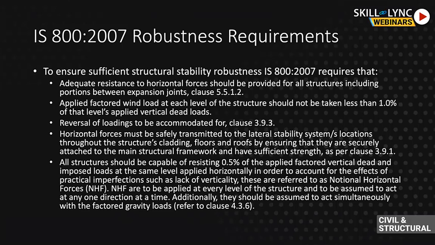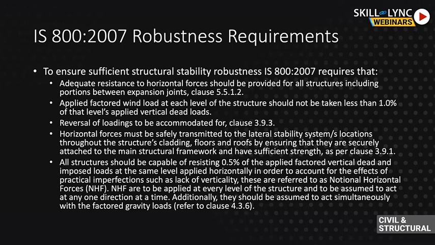And it includes things such as your diaphragm. So if you are assuming a rigid diaphragm, then you need to make sure that, for example, the metal deck is properly attached to the main structural framework with shear studs, so that the force will be effectively transferred to the locations of the vertical lateral stability system.